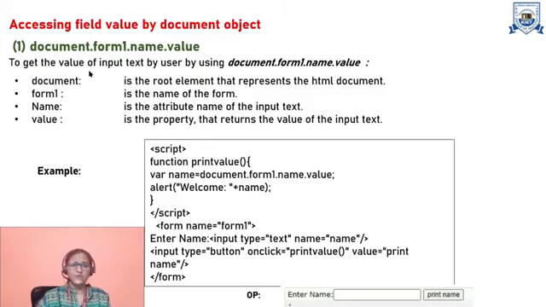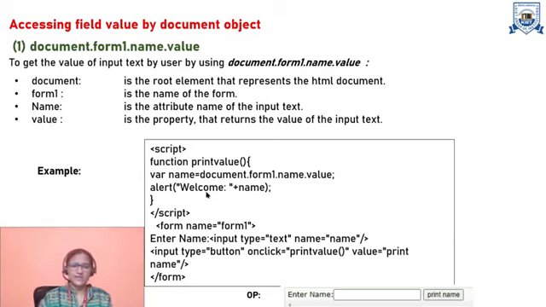Here, document is the root element that represents the HTML document. In this HTML document, there is a form having the name form1, because in a document there can be a number of forms. Name is the attribute name of the input text. Value is the property that returns the value of the input text.